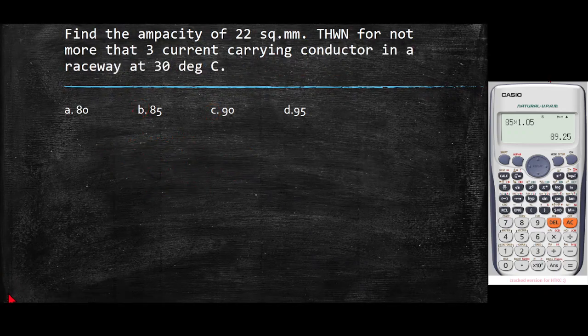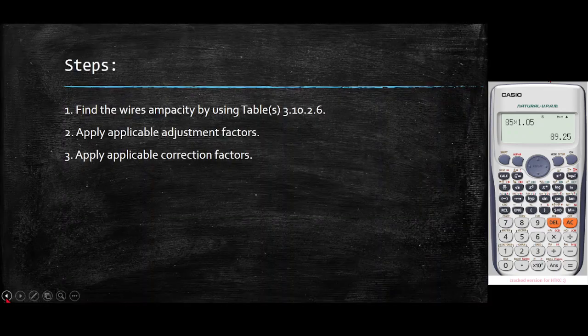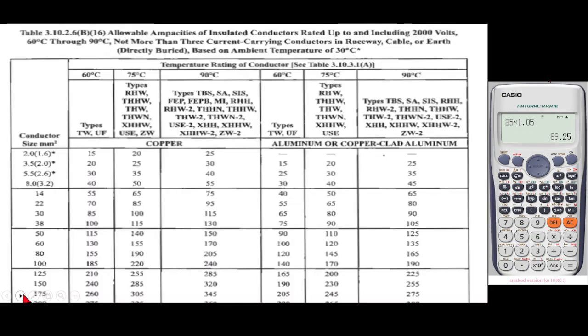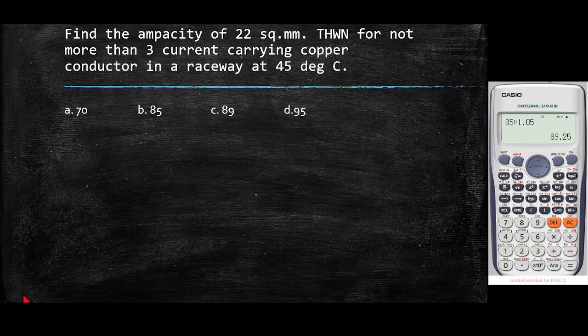Check ko lang, baka mali ako sa value. Plus 0.82 pala, hindi 0.42. Okay. So we have 85 times 0.82 is equals to 69.7, no? So 69.7 amperes or 70, yung pinakamalapit, 70 amperes.